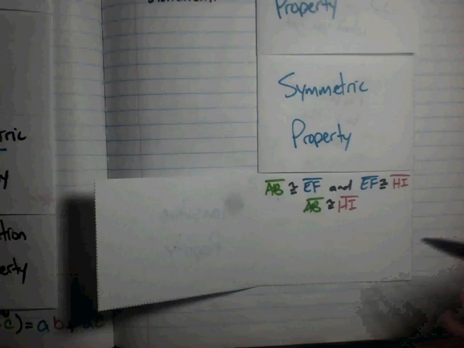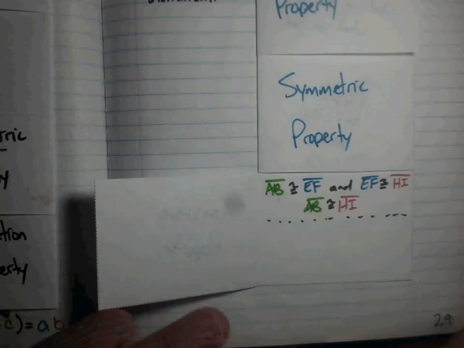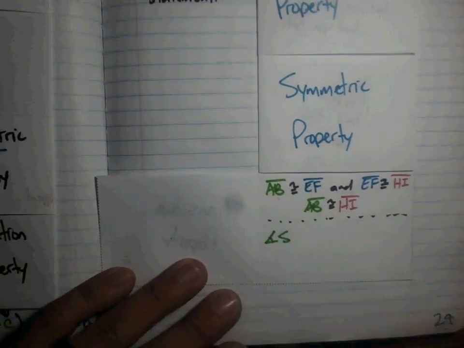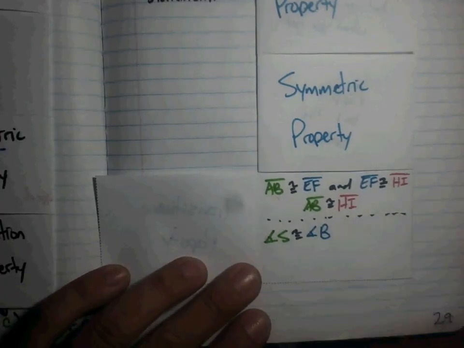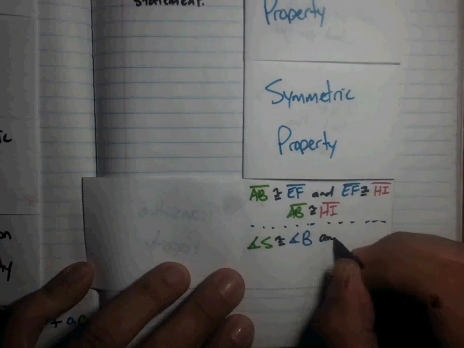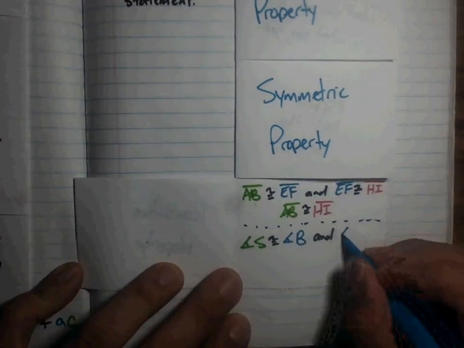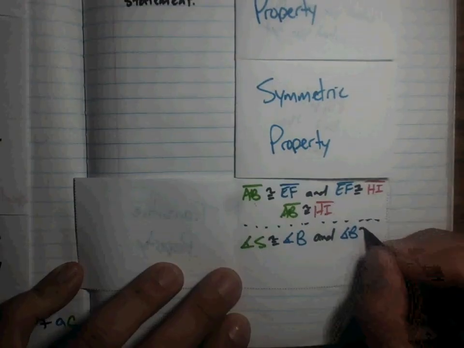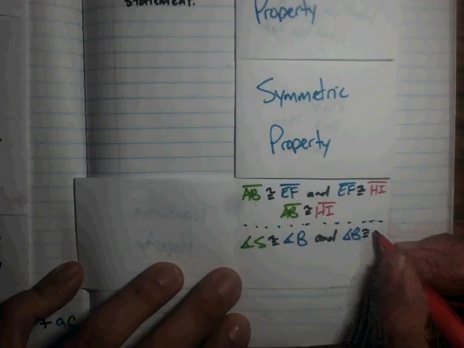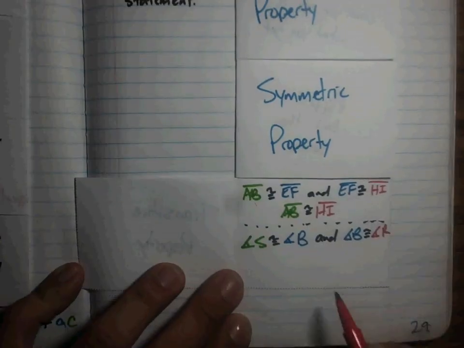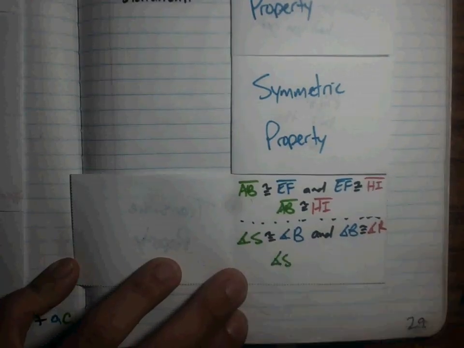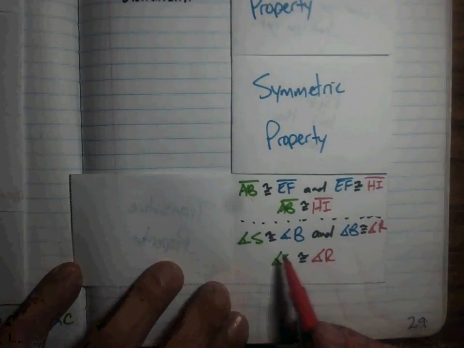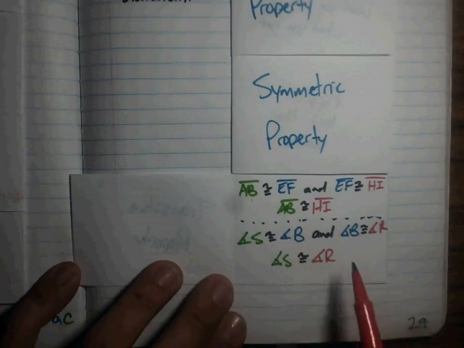Also, if angle S is congruent to angle B, and angle B is congruent to angle R, then you can say angle S is congruent to angle R. It's a long, convoluted way to get rid of the middle, as long as it has that same pattern.